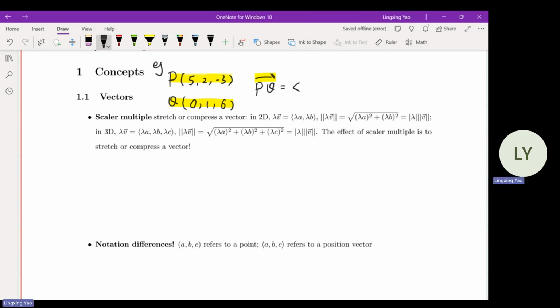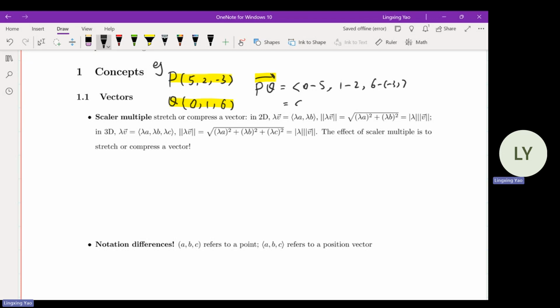How do we get the position vector? We want to have this point Q subtract point P coordinates, and then we'll get 0 minus 5 as the x component, 1 minus 2 as y component, and 6 minus -3 as a z component.